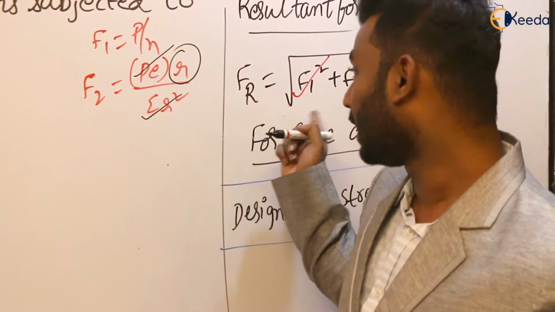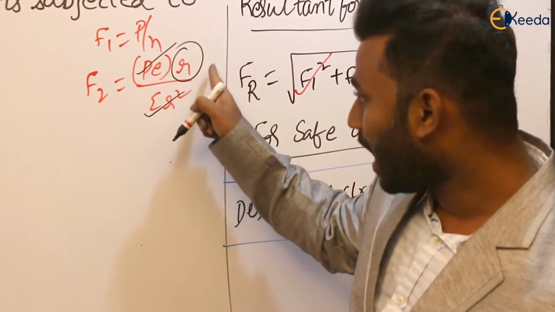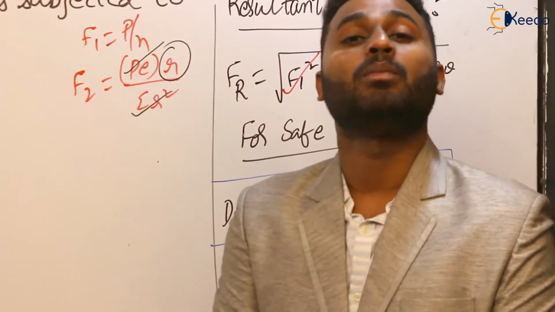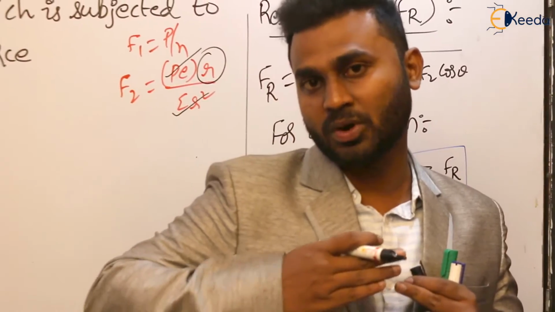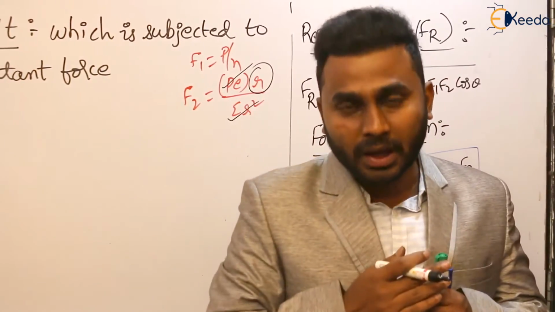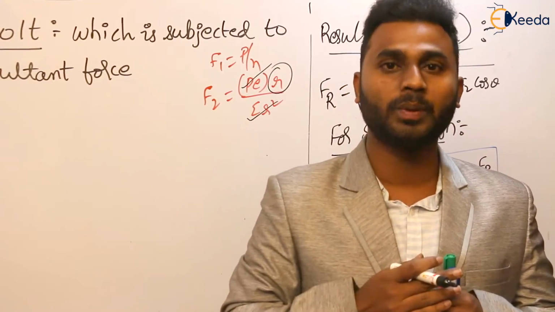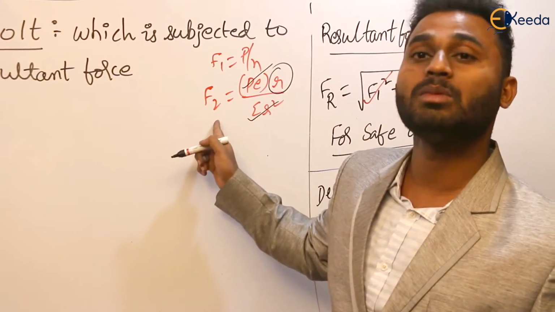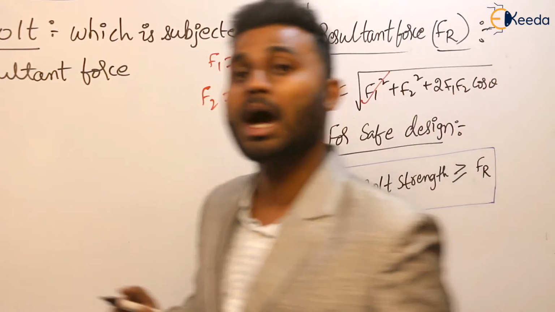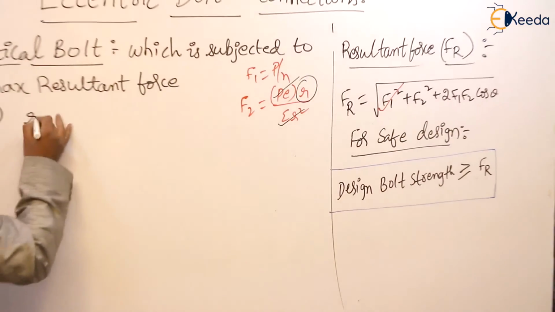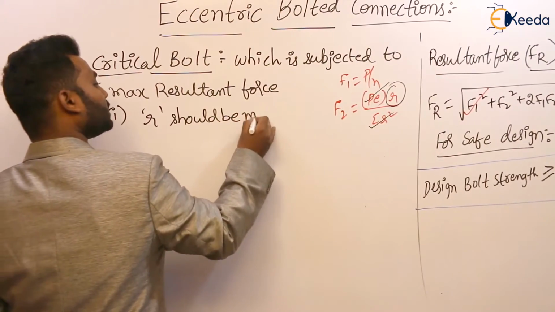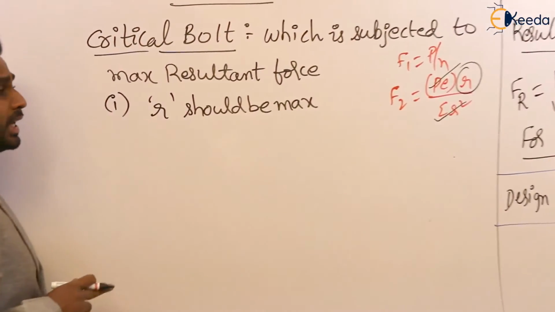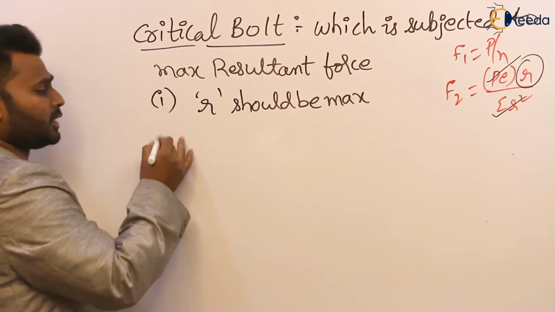When R is maximum, the bolt which is more radially away from the CG of that group has the maximum F. So what is the condition? R should be maximum. Agree or not? That is one of the conditions.